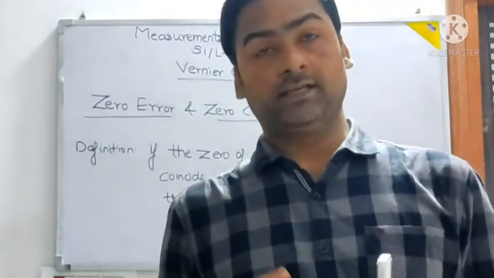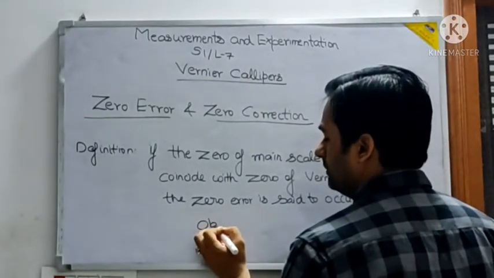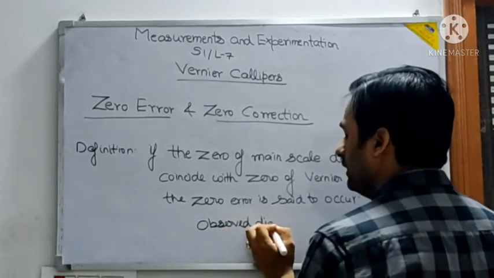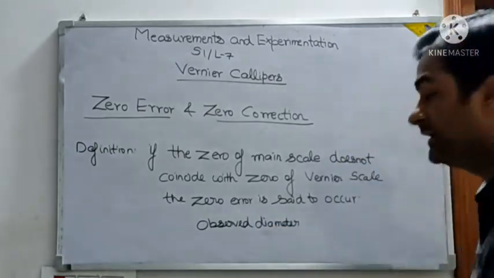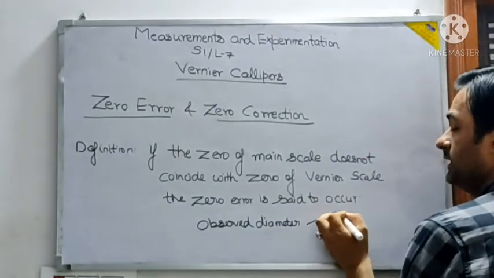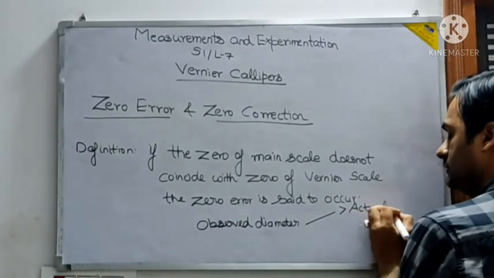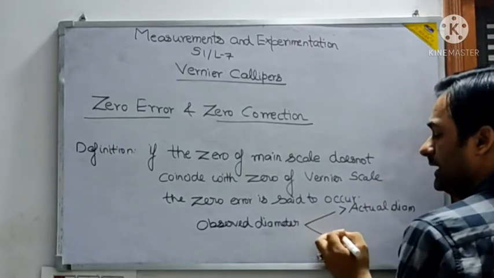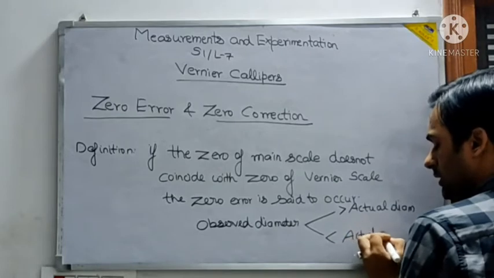That means the observed reading, the observed diameter, may be either more than the actual diameter or less than the actual diameter.